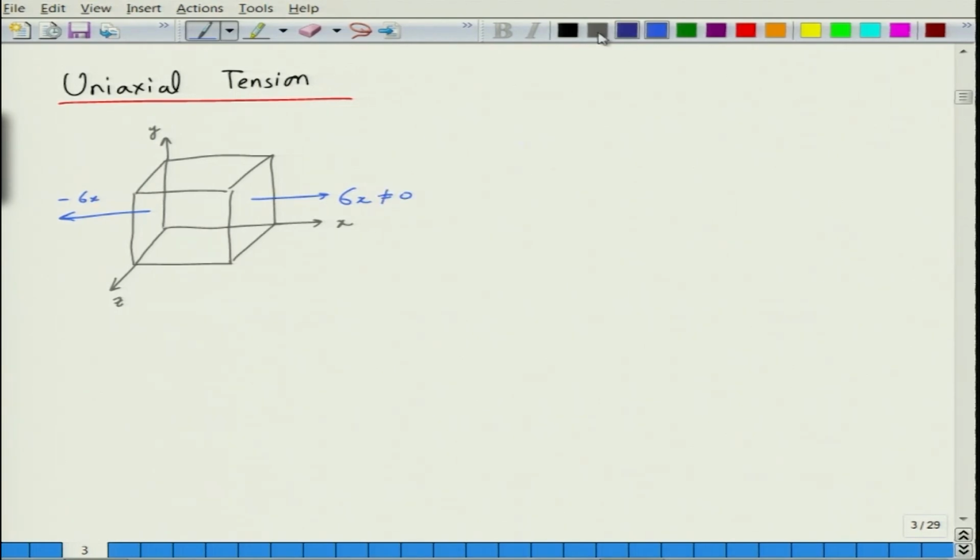So, we say that sigma ij can be written as sigma 1, in terms of principal stresses, 0 0, 0 0 0 0. So, only one component is finite. This is the uniaxial tensile stress that we apply to the sample under uniaxial testing.